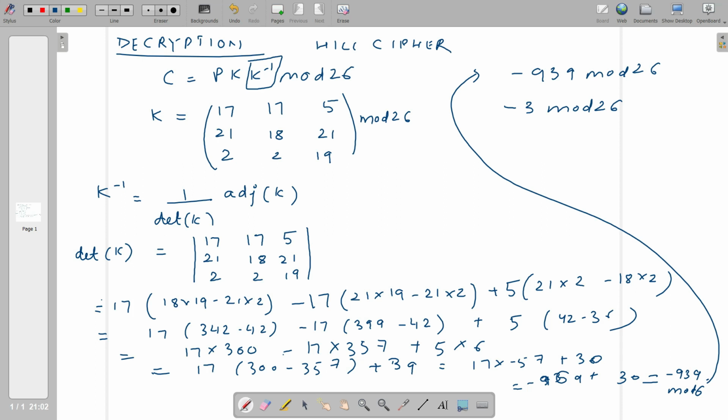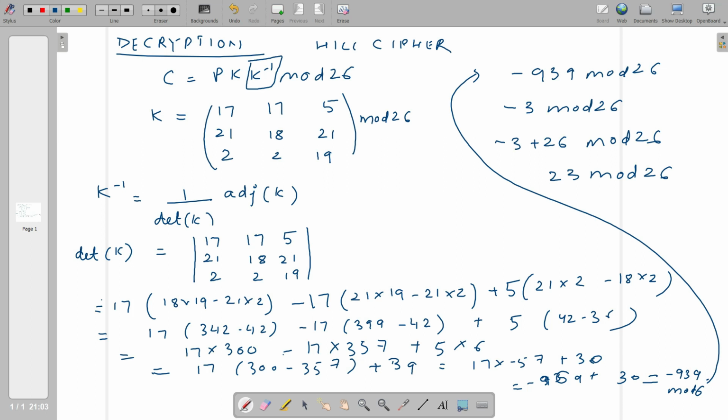The second thing is, we are considering only positive numbers. How can we convert this minus 3 into a positive number? We add 26 to it. So it comes out to be 23 mod 26. So the value of determinant K comes out to be 23 mod 26.